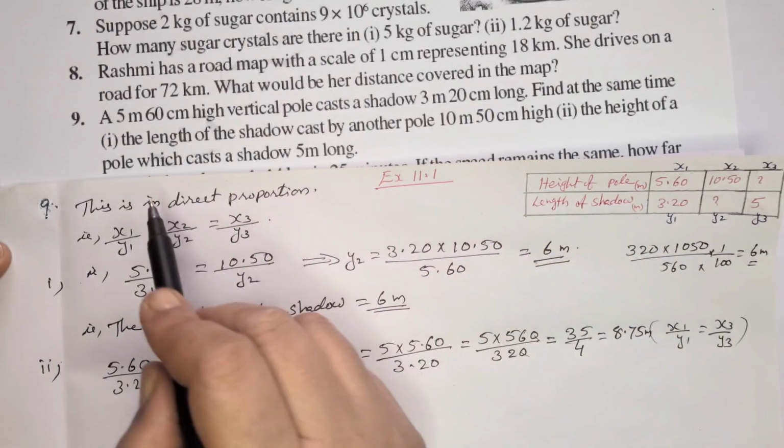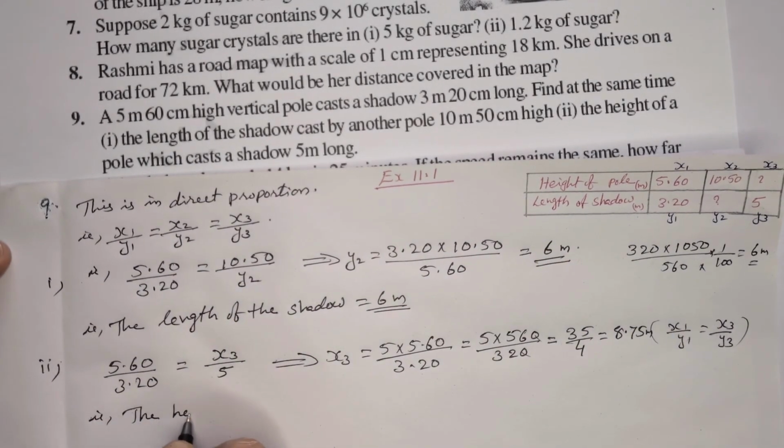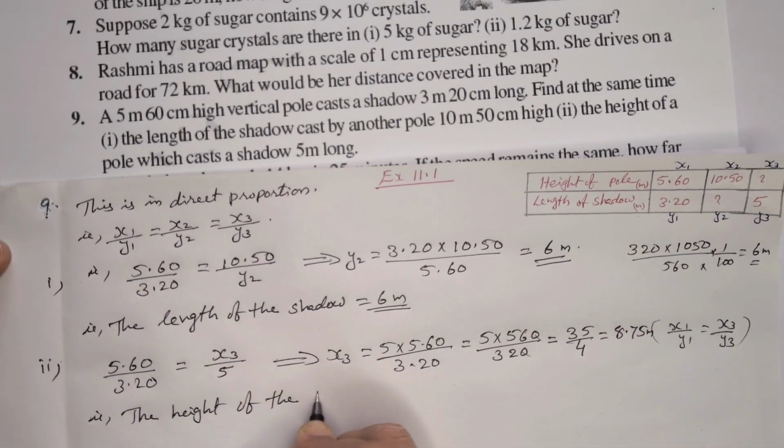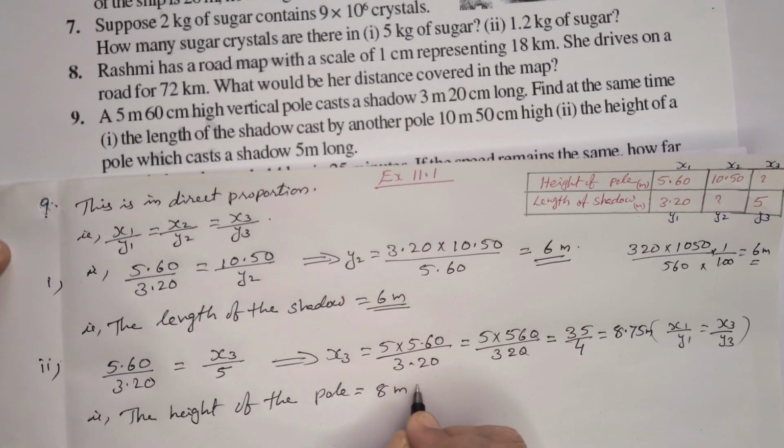The question is the height of the pole, so we can write the height of the pole is equal to 8 meter 75 centimeter.